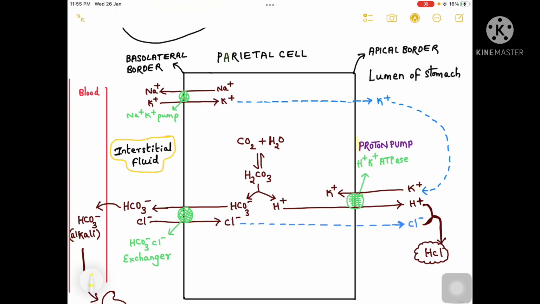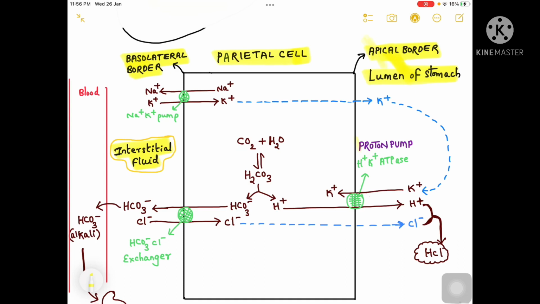Coming to the mechanism of production of hydrochloric acid, that is the gastric acid. This is the parietal cell, and this is the apical border, which is towards the lumen of the stomach, and this is the basolateral border, which is towards the interstitial fluid.